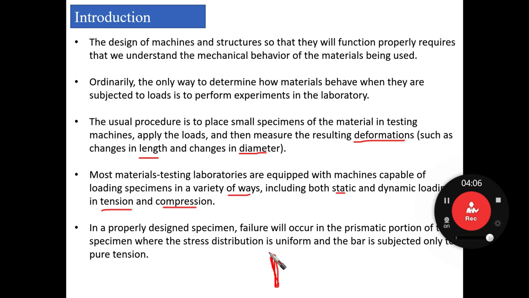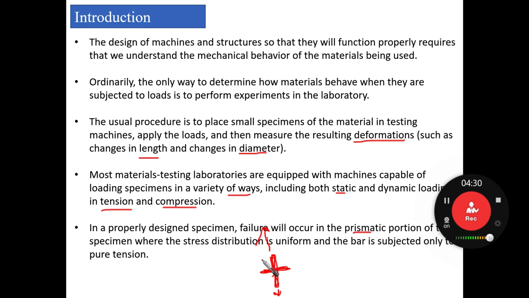Anyway, this is the bar, and we have a tensile force here. The point is we are expecting the failure to be in the middle. We call this middle the prismatic portion. Prismatic portion means the portion that has a uniform cross section.